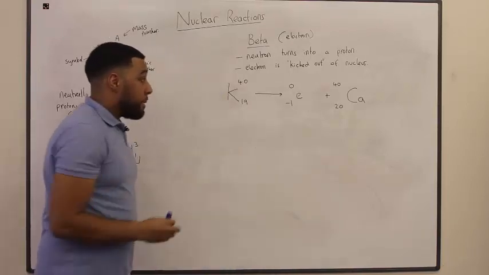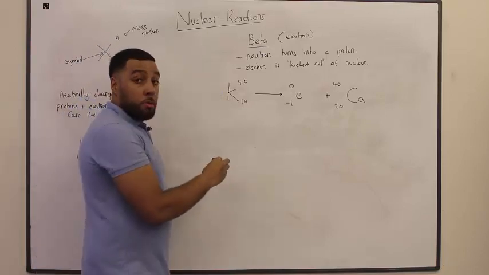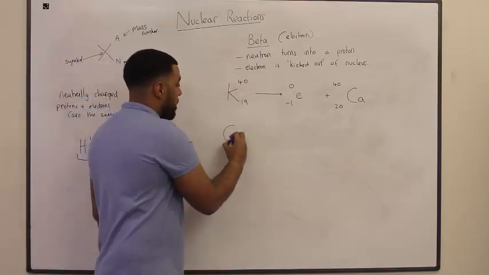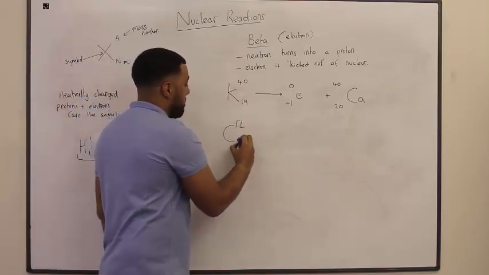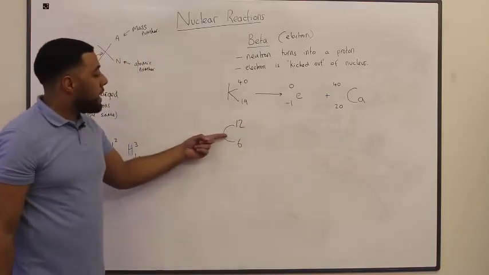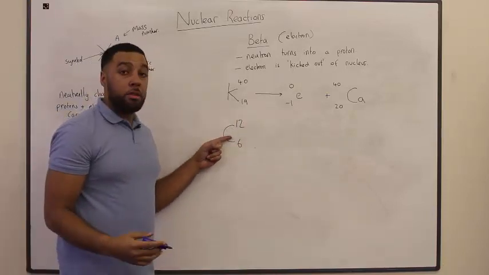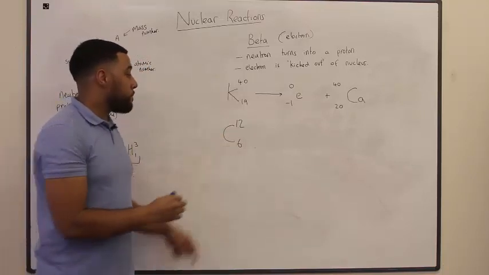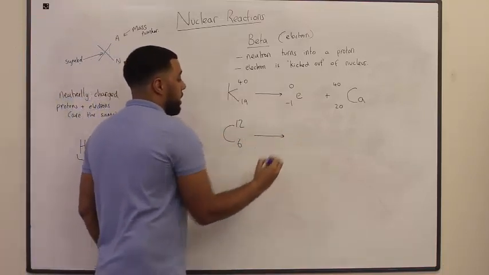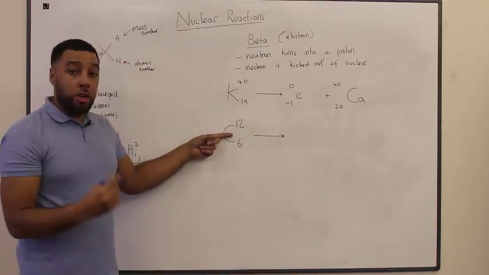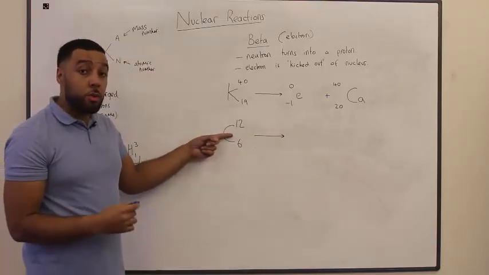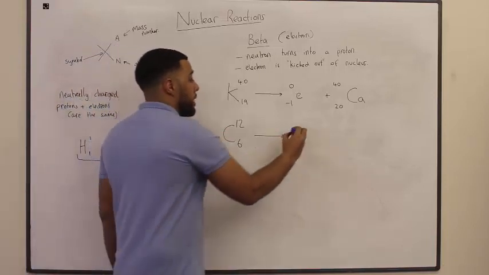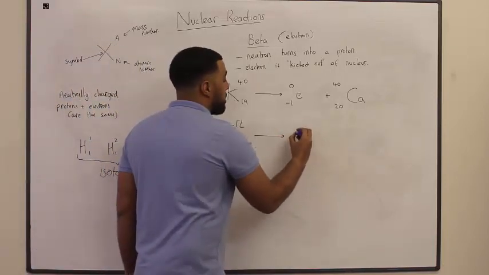The second example to go through would be carbon. And let's say that my carbon element went under beta decay. Again, from the nucleus, one of the neutrons will turn into a proton, emitting a beta particle.